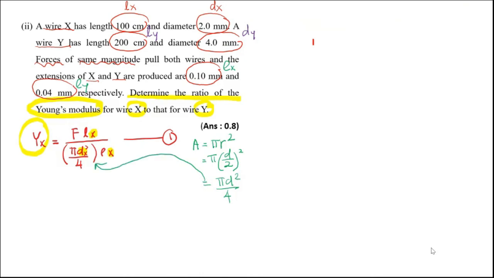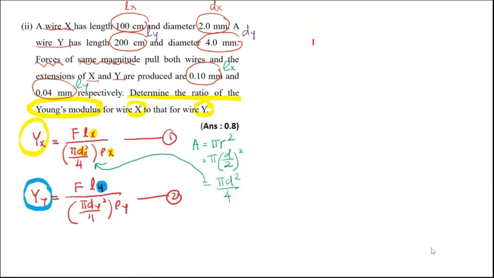So for Young modulus of wire Y, I have F Ly over pi dy squared per 4, multiplied by the elongation for wire Y.